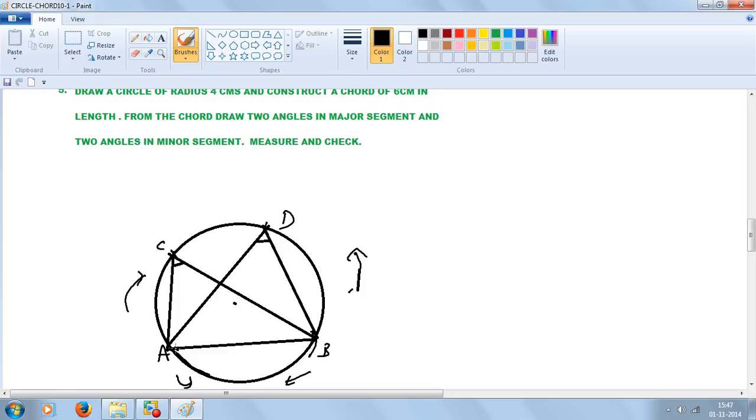Oh, sorry. This one. From B, you take some other point. You join these two. Now measure these two angles.